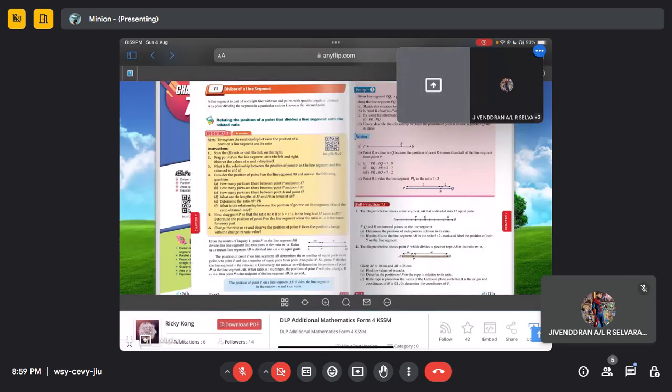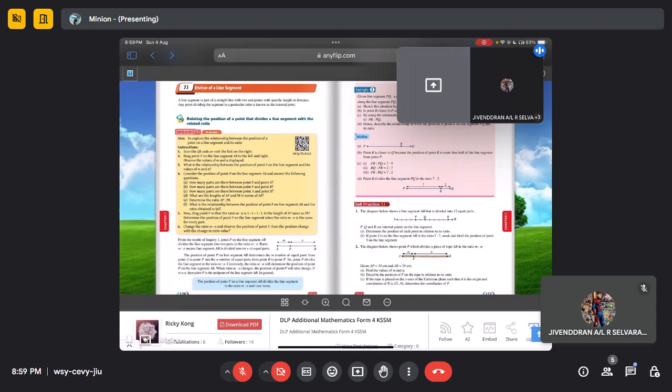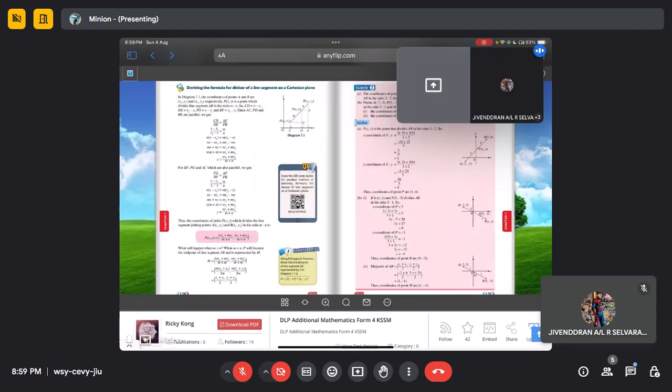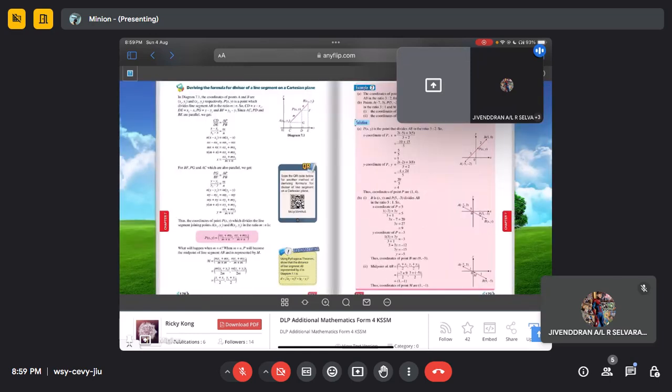This is chapter 7, coordinate geometry. It's actually one of the easiest chapters. There are a few very simple formulas which you have to know in this chapter.